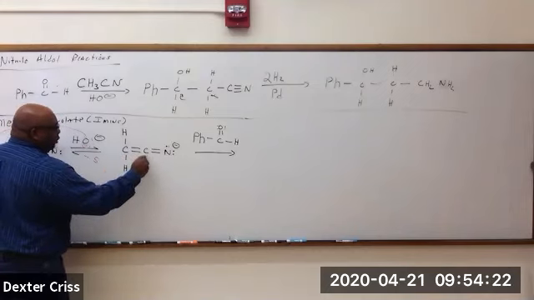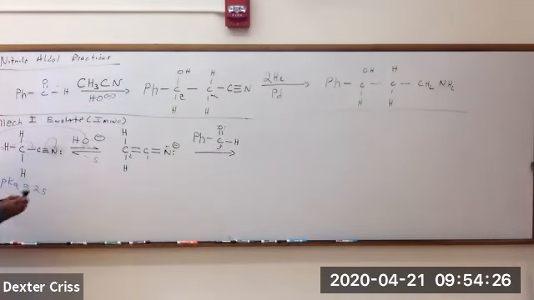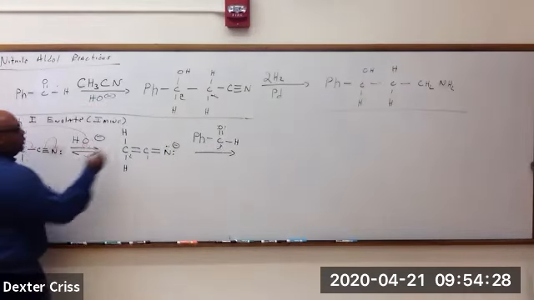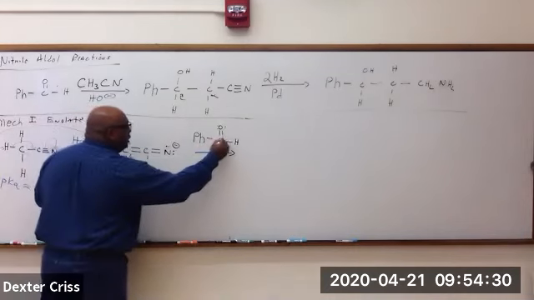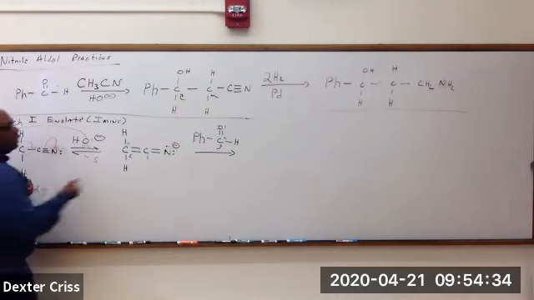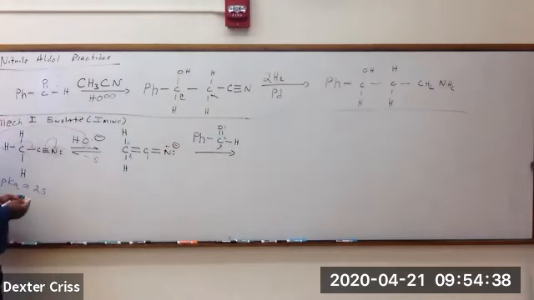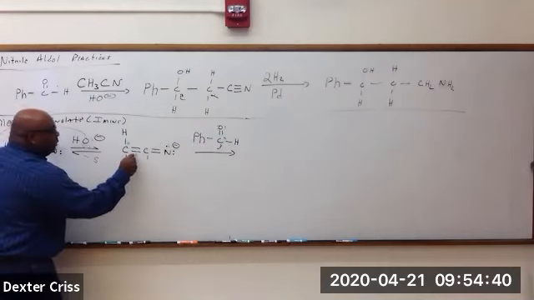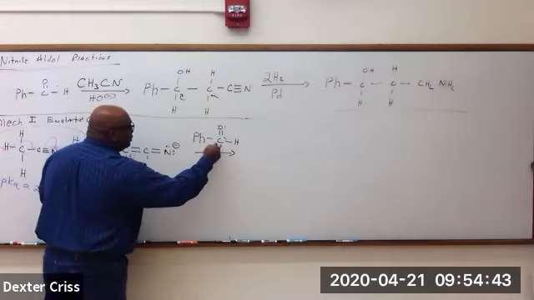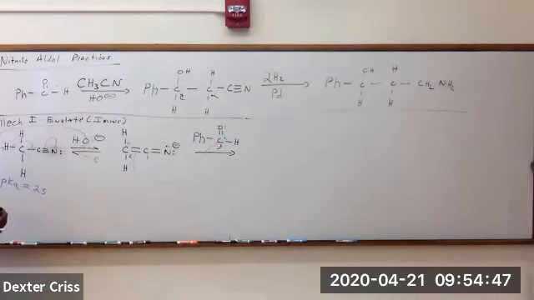This is carbon 1, carbon 2, carbon 3. The coupling will occur between carbons 2 and 3. So the lone pair of the nitrogen drops down just like it did when it was a carbonyl. Then the pi bond attacks the carbonyl carbon. Make sure it's attacking the carbonyl.